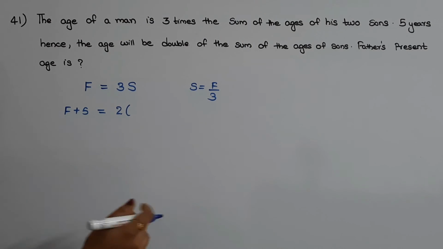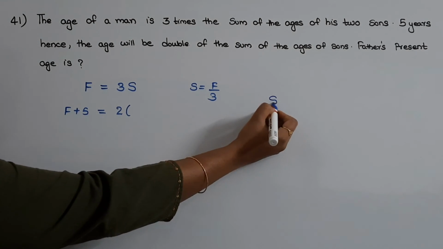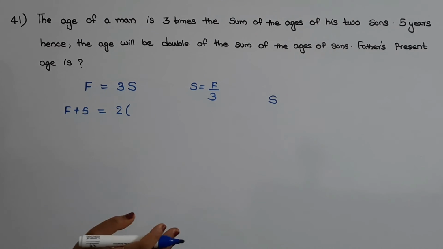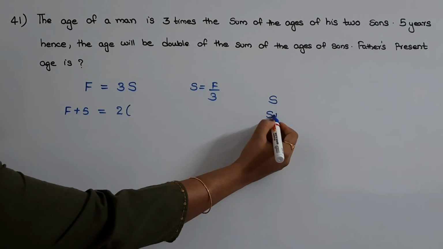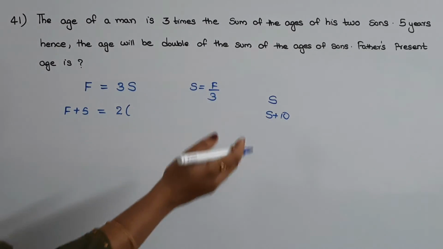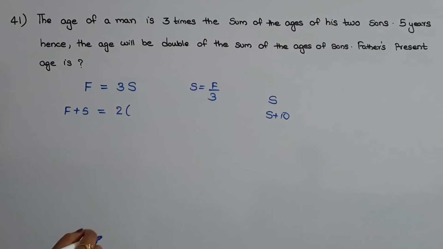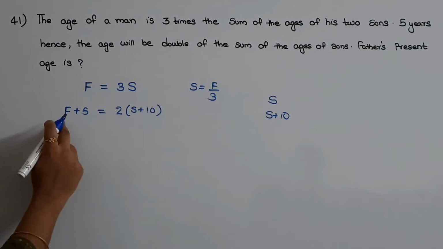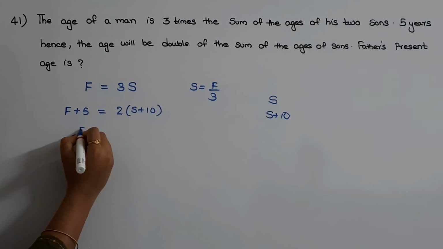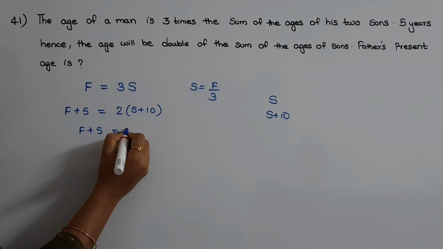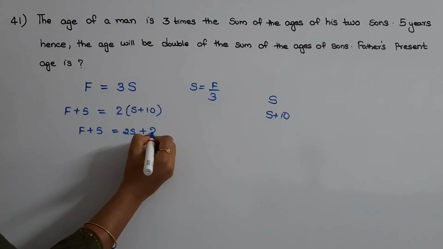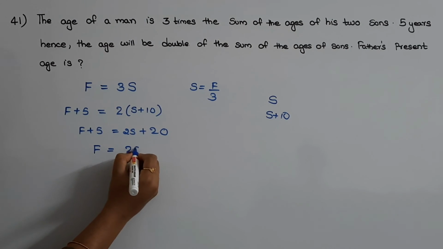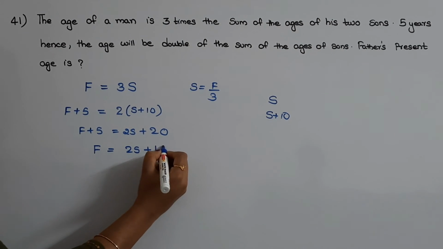If at present sum of their ages is s, then after 5 years the sum of their ages will be s plus 10, because 5 gets added to each son. On solving this equation we will get f plus 5 is equal to 2s plus 20, or we can write this as f is equal to 2s plus 15.